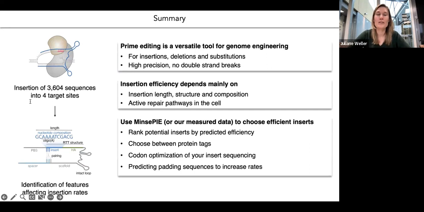So as long as your insert sequence is roughly what was in our initial pool, it's a really good comparison. That's why it's nice to have the distribution of the ones we measured. But you can also try to predict absolute editing rates if you know what editing rate you would usually expect in a pooled experiment that you are running.